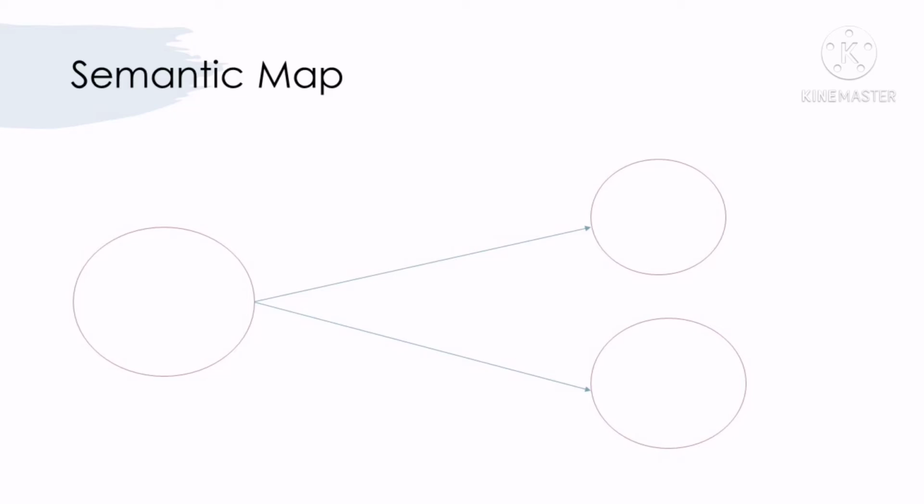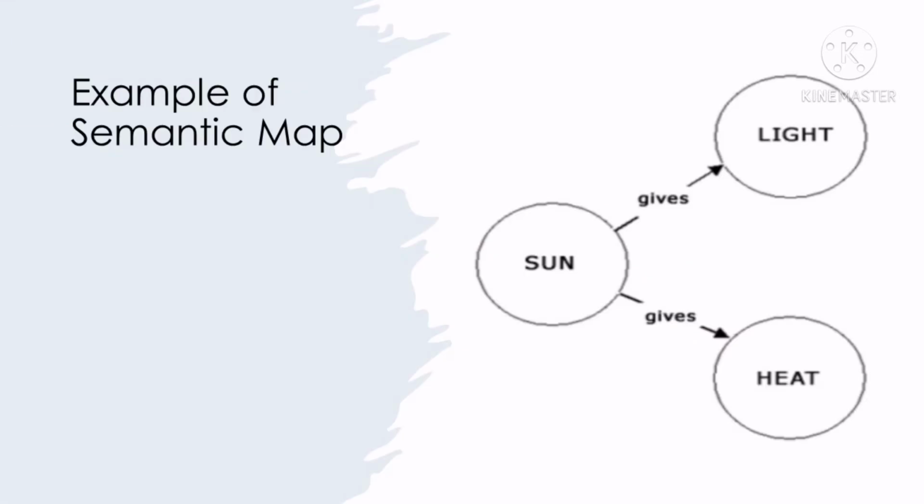It is composed of circles and lines that show connections between each other. We have here the sun. When we say sun, it gives light and heat. Again, this is an example of a semantic map.